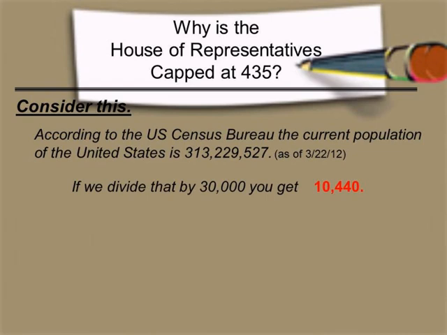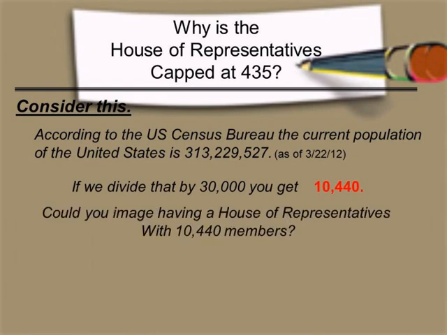So if we use the formula from the original Constitution, the House of Representatives today would be made up of 10,440 members. Could you imagine trying to get anything accomplished in a body that was made up of over 10,000 people? It would not happen.